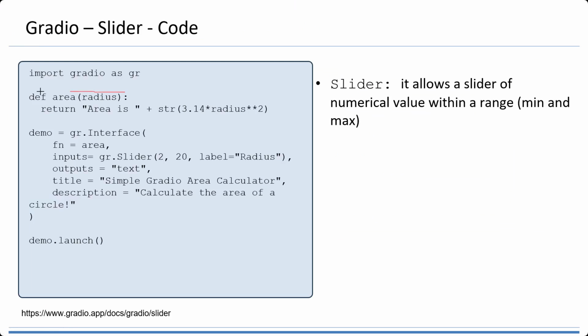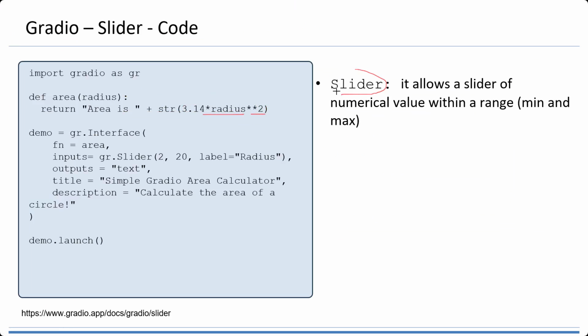Now I'm having one function, the function area. It has one parameter which is radius, and it will return the area with this formula: 3.14 multiplied by the radius power of 2.